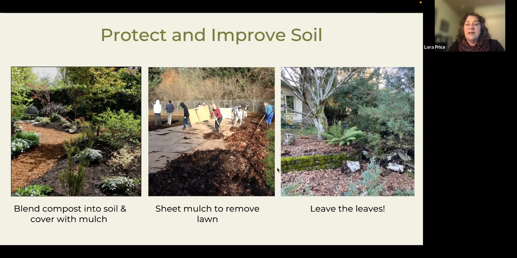And then also, not to forget, all the fall leaves that people judiciously bag up and send away. They're very useful for blanketing your beds, especially over the winter. There are a lot of insects hibernating in those leaves as well. And by having that little blanket over the soil, it helps keep it from getting compacted.